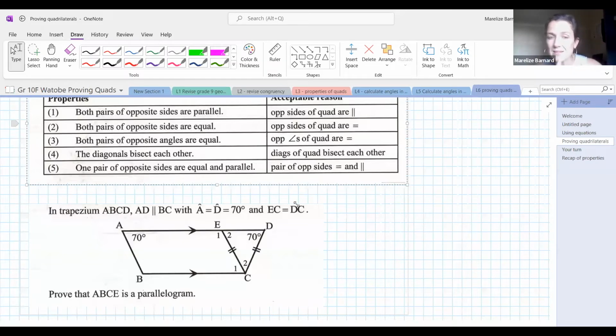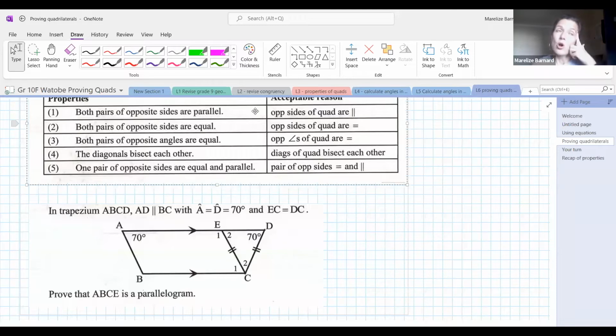We cannot make stuff up or make stuff appear out of nowhere. Only what is given. Okay, so in this trapezium, that's our first bit of fact, that ABCD is a trapezium. So now already you can start thinking, okay, what do I know about a trapezium?